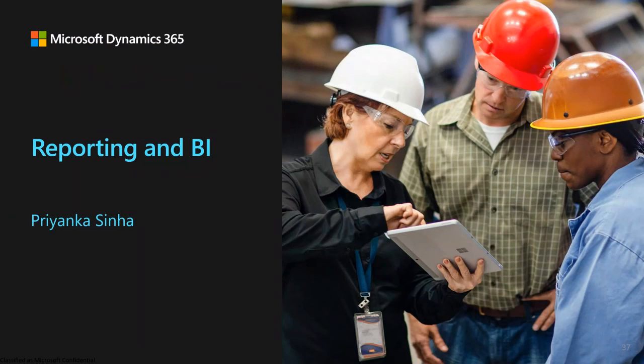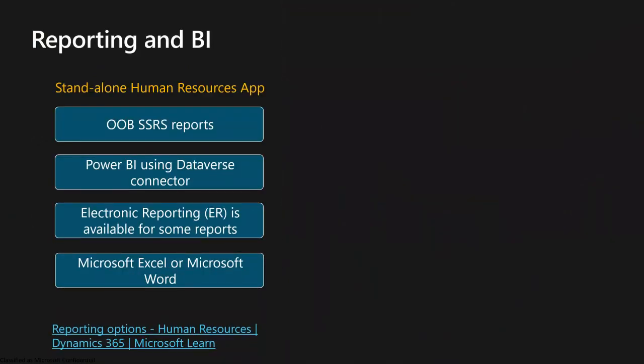So let's move to the last technical area, but not the least, which is reporting and BI. If we go to the next slide, when we talk about reporting in the standalone HR app, we have a couple of options, like out-of-box SSRS reports and embedded Power BI reports. But those cannot be customized. However, you can flow HR data to the dataverse, and that can be reported on via the Power Apps Dataverse connector to Power BI desktop.